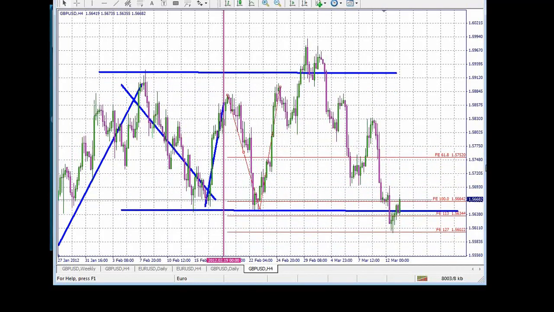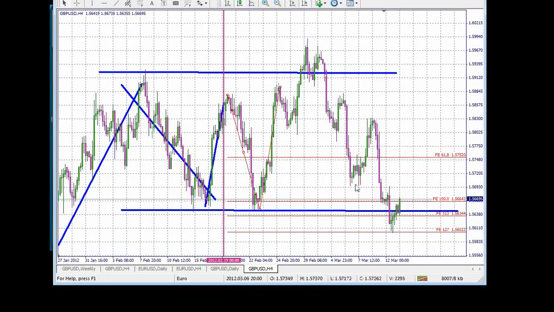I don't have the values here. So I think that the market is still in the consolidation period. This is the analysis for GBP dollar regarding the waves.